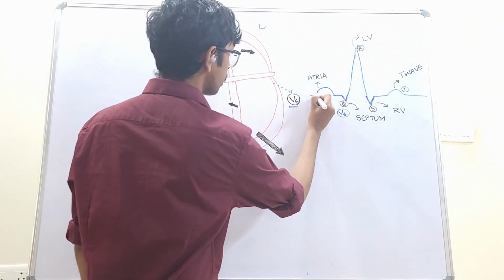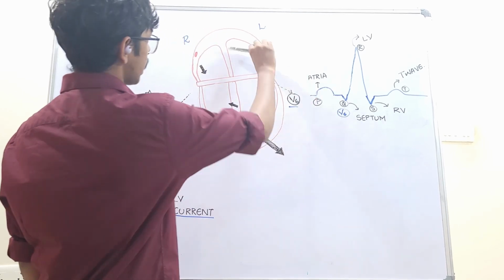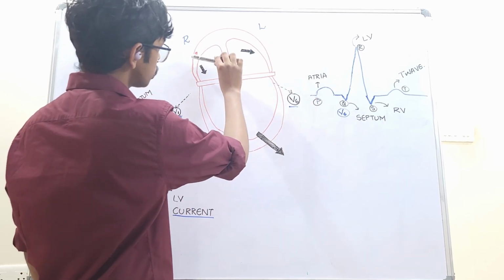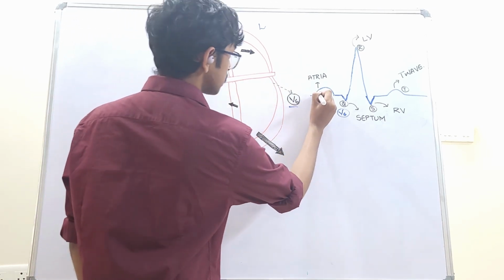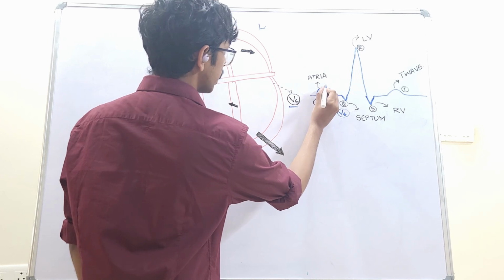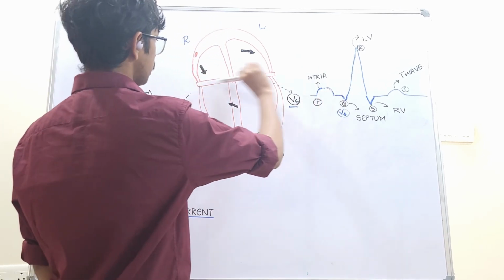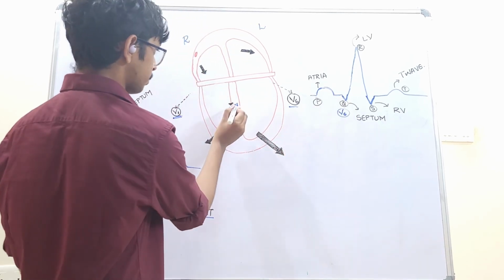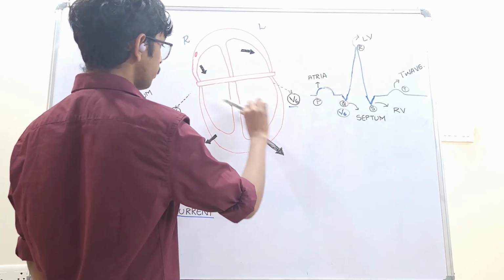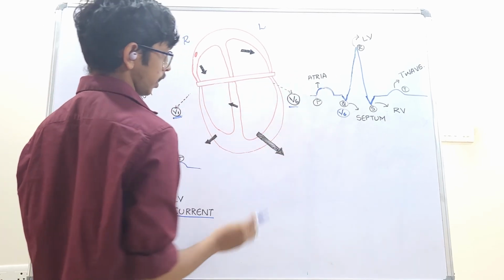So first it will pick up the left atrium and right atrium simultaneously, because right atrium and left atrium are almost together, positive waves traveling towards the positive electrode. So first part will be left atrium and then the right atrial depolarization and then AV nodal delay, isoelectric line, and then what happens? Septal depolarization.